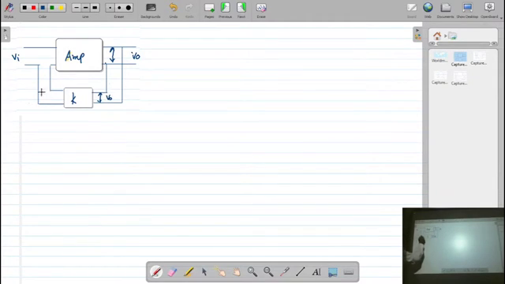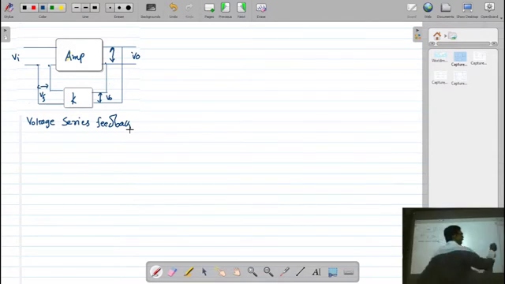Whatever feedback voltage is generated is connected in series with the input signal. So this kind of amplifier is known as voltage series feedback. Remember, this is a voltage series feedback.